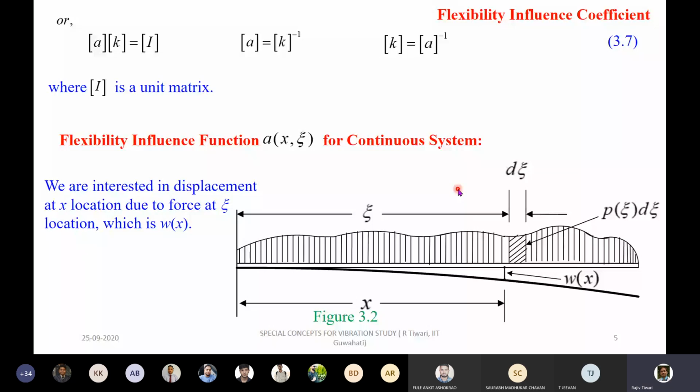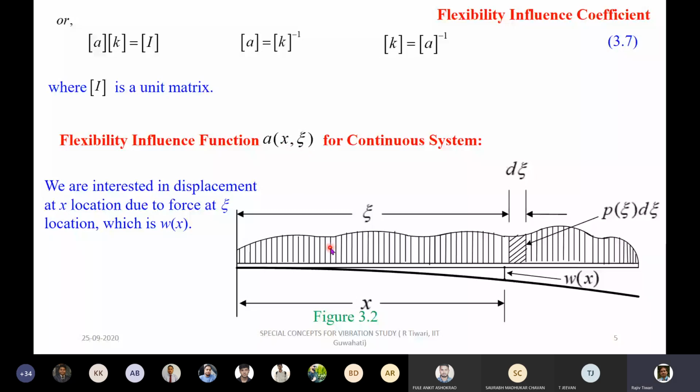The same thing we can extend to the continuous system. So here, instead of the flexibility influence coefficient, we'll have a function, and the function I'm representing as a(x, xi). So instead of a_ij, I'm writing x and xi. What is x and xi? Let us see.